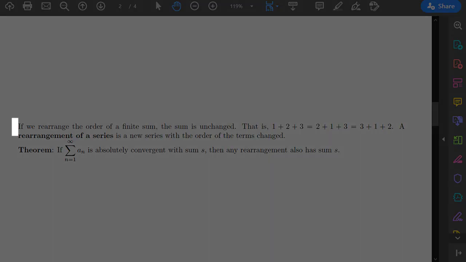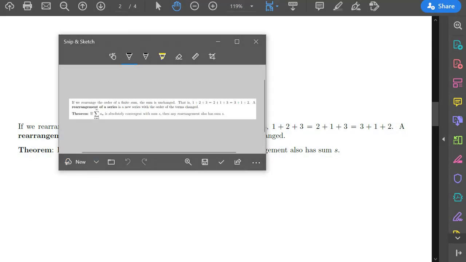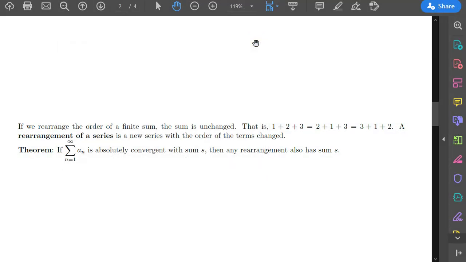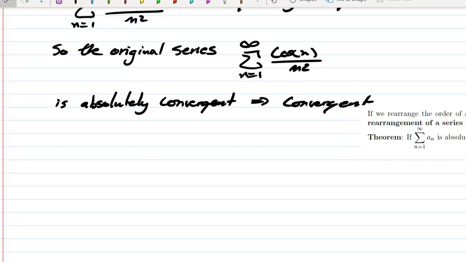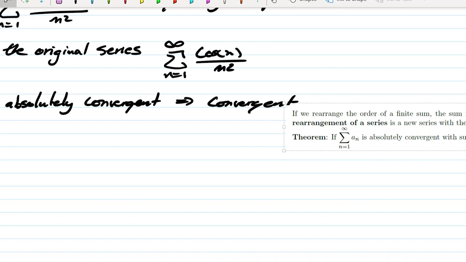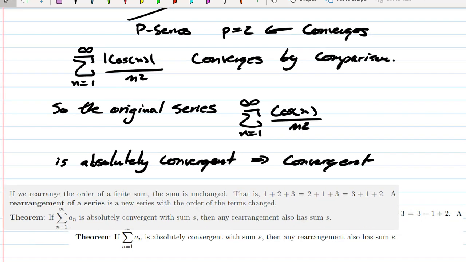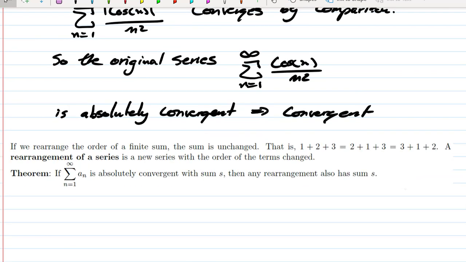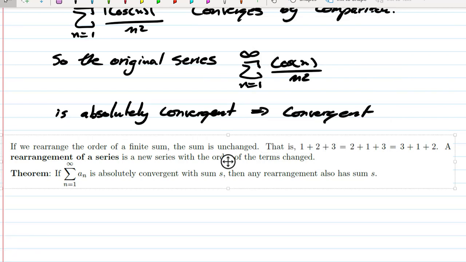So, if we rearrange the order of a finite sum, the sum is unchanged. That's just the commutative law of addition, which says that the order that we add things in doesn't matter. So, for instance, 1 plus 2 plus 3 is the same as 2 plus 1 plus 3, which is the same as 3 plus 1 plus 2.